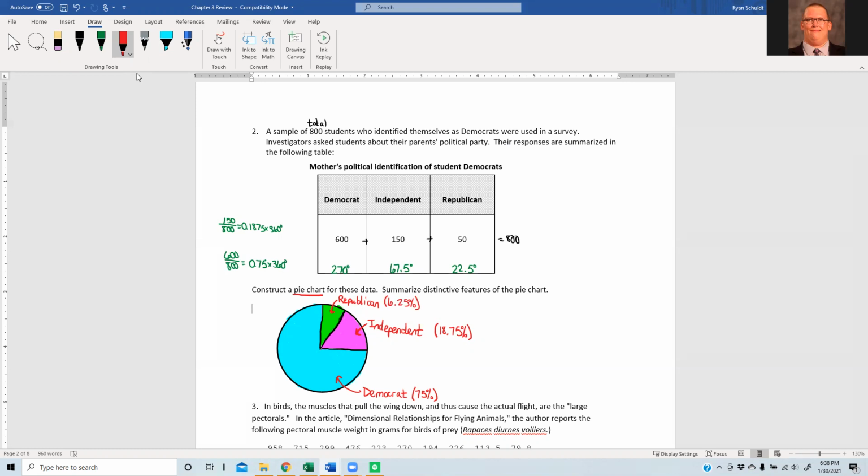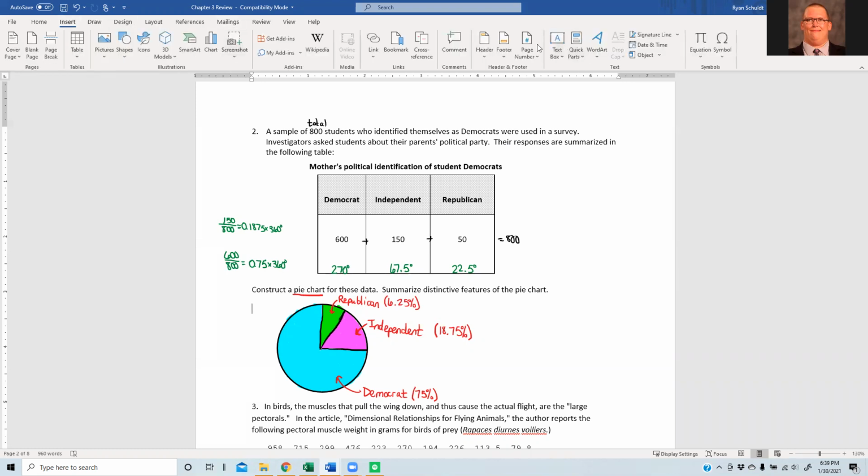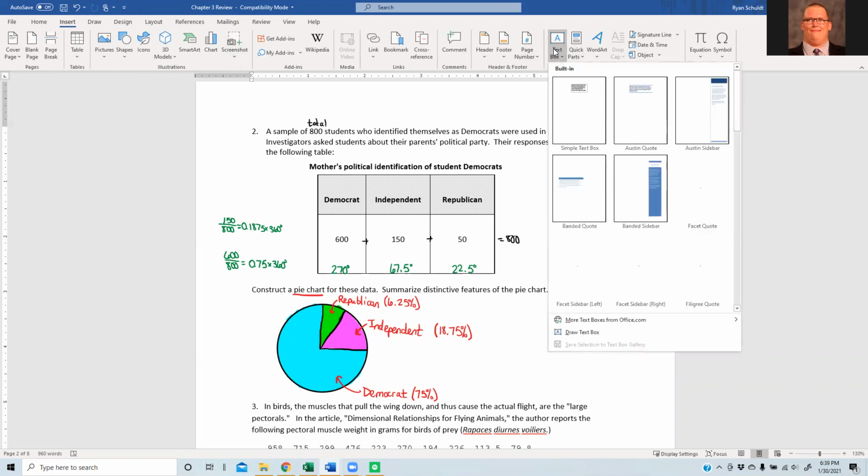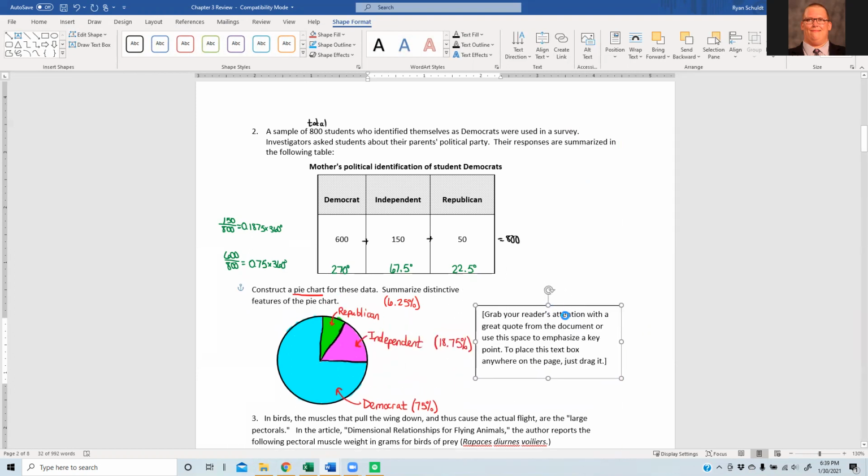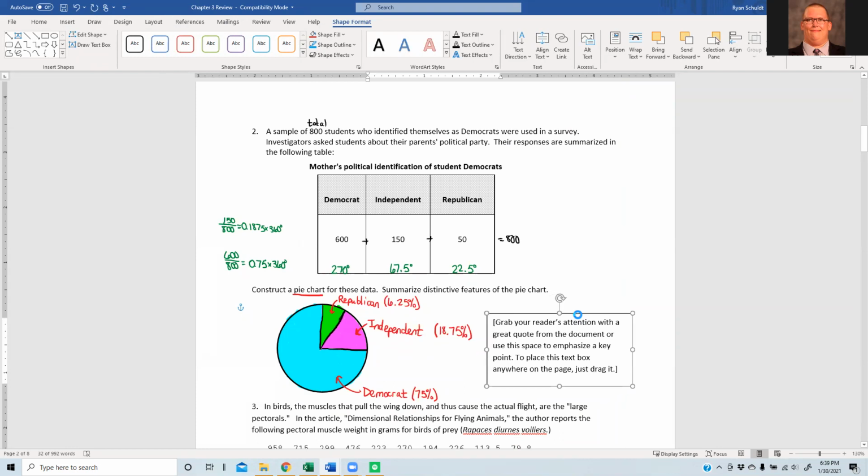Okay, now it says to summarize the distinctive features of the pie chart. So let's come over here and summarize what's going on. Well, what do we notice?